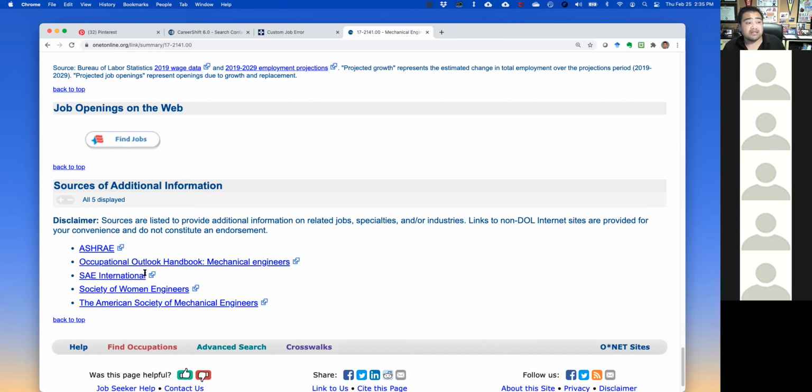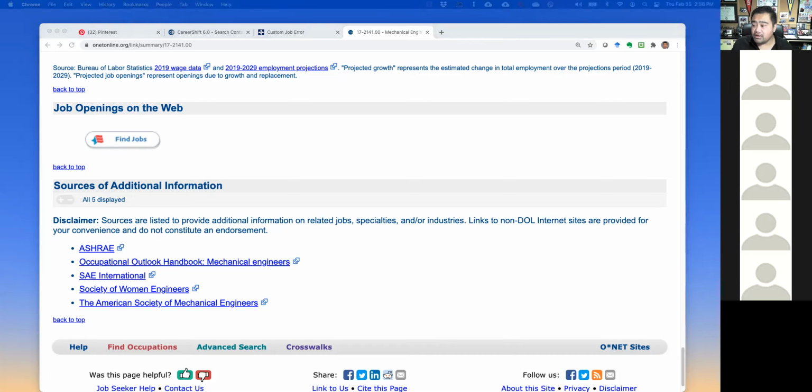So those are some tools to consider. Again, the first one is Career Shift, and I did put that on the page. The other one is O*NET, and I'll put that in the chat. It's onetonline.org.